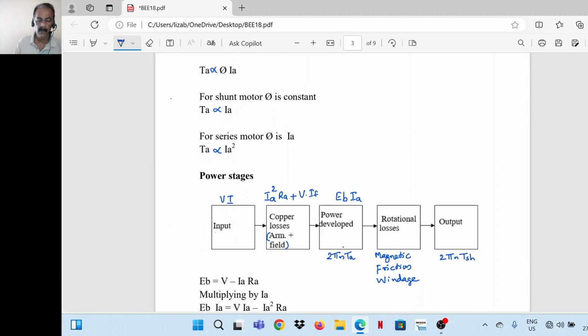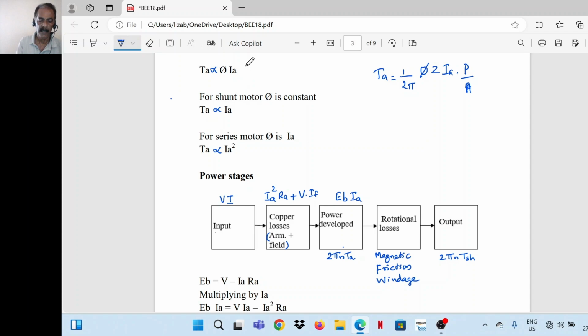Now, torque is equal to 1 by 2 pi, phi Z IA into P by A, Newton meter. The rest of the parameters are constant in this equation except phi and IA. These are the only two variables. The number of poles, number of parallel paths, number of conductors, etc. are constant for a particular machine.